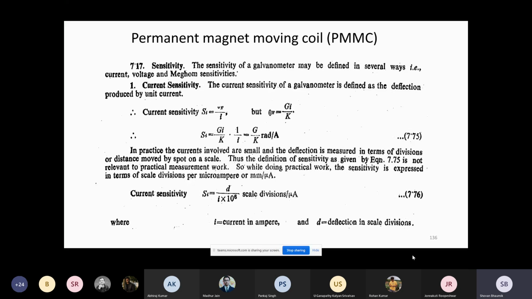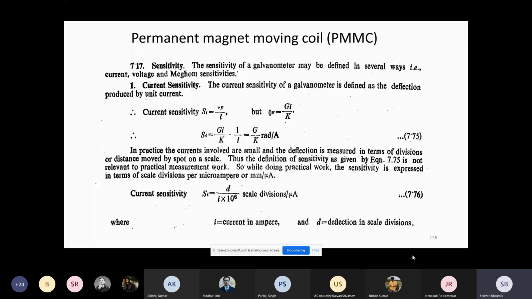The reason is that the former is not large in length and breadth, and you need to have many turns, and to do that you need very thin wire, and thin wire can carry only small currents.